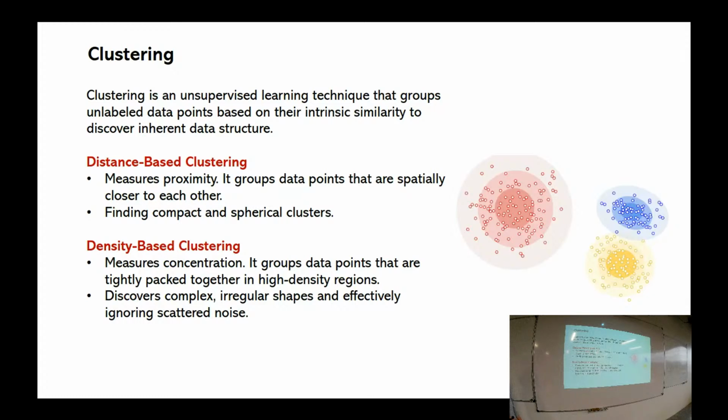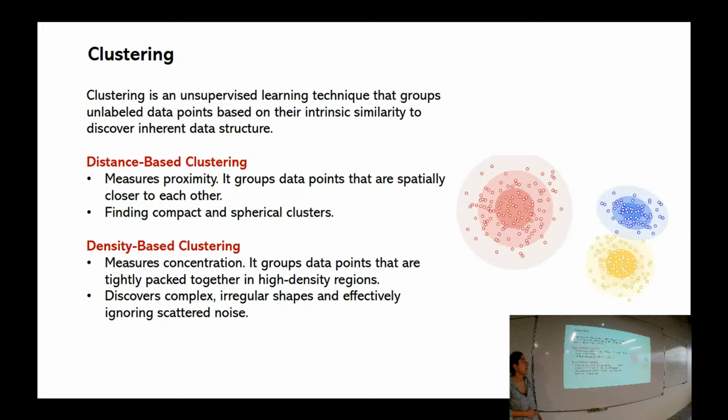So there are two main strategies. One is just distance based, so you literally measure the distance between your data points. It works mainly when you have spherical clusters. So in your data space, they group in a spherical way and not in very strange ways. Then this is gonna work.